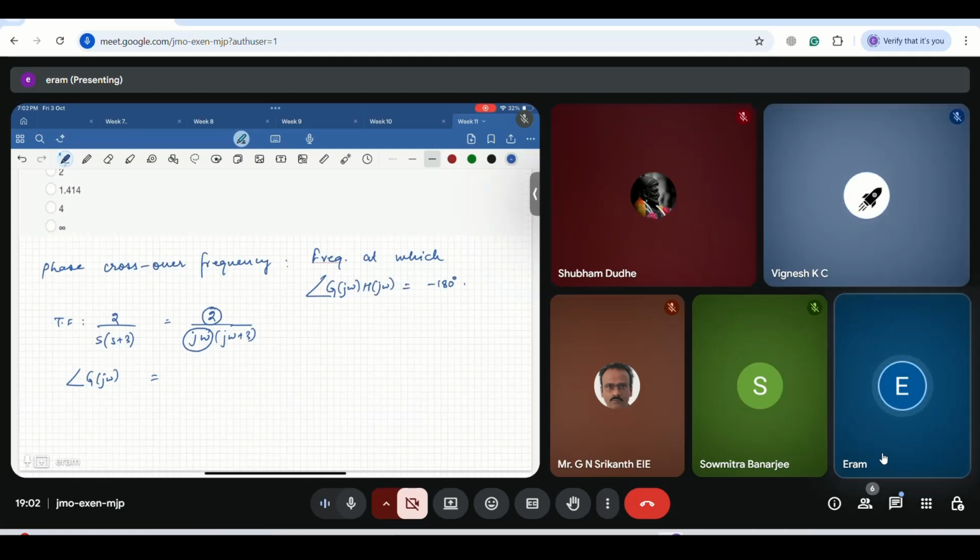But it is in the denominator, so it is minus 90. And similarly, for this, we will have minus tan inverse of omega by 3. This should be equal to minus 180 degrees. That means what should omega be such that this becomes equal to minus 180 degrees?